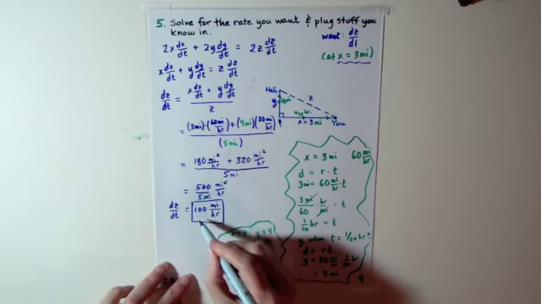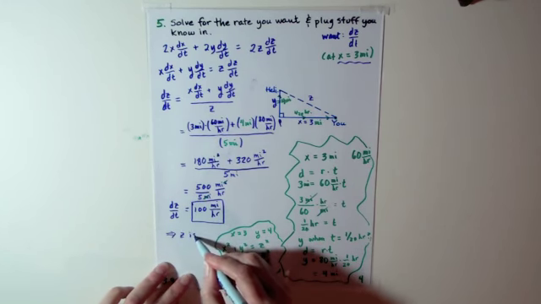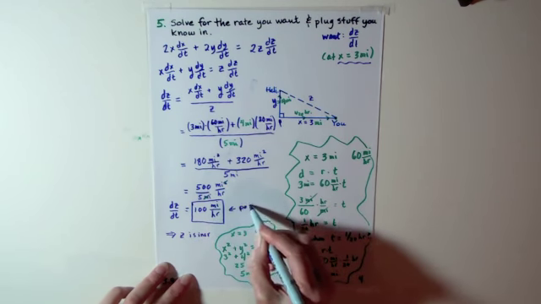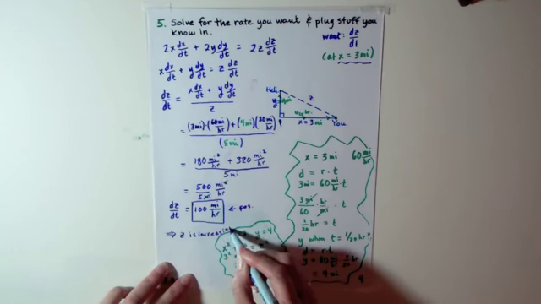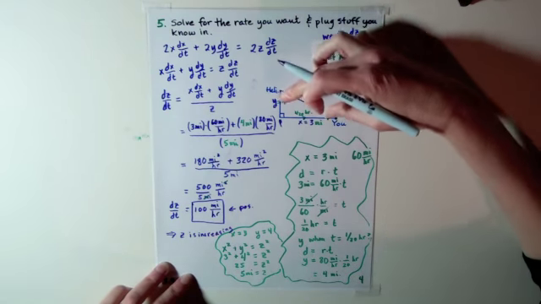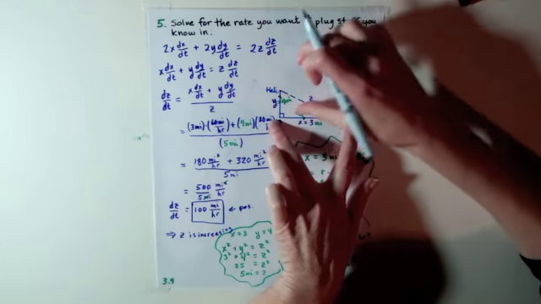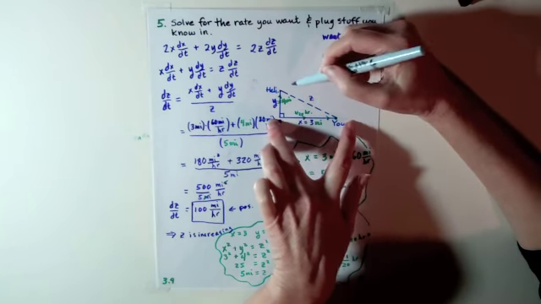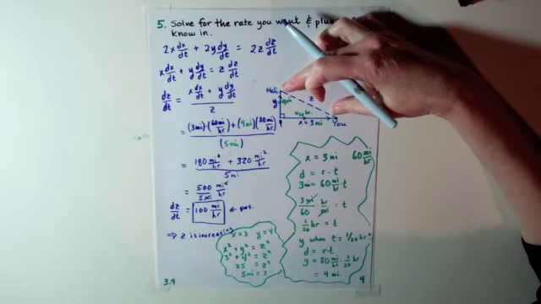Because it's a positive value, that would imply that z is increasing. So this positive derivative means that z is increasing. And does that make sense? Would z be getting larger? If x is getting larger and y is getting larger, this whole right triangle is getting larger, and so yeah, it makes sense that the distance between you and the helicopter should be increasing.